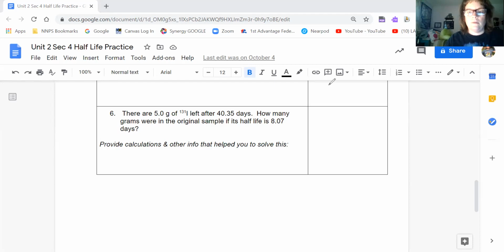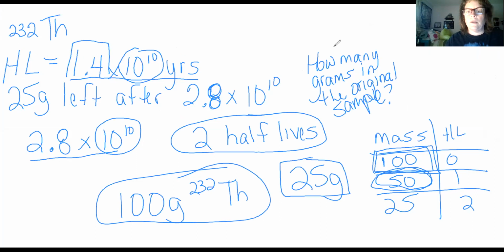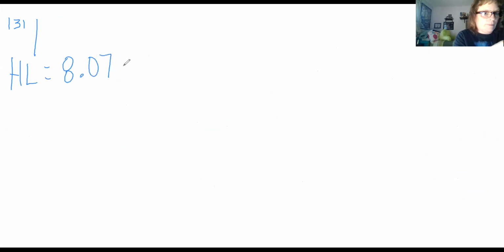All right, let's clear this out so we can get our last one done. Okay, this is iodine 131, and the half-life, it tells us, is 8.07 days.